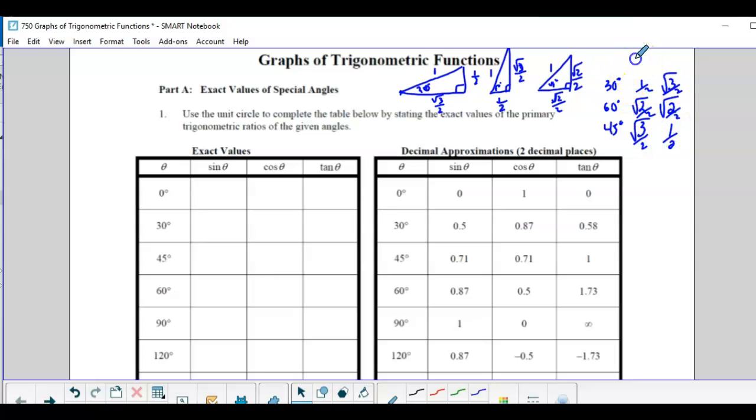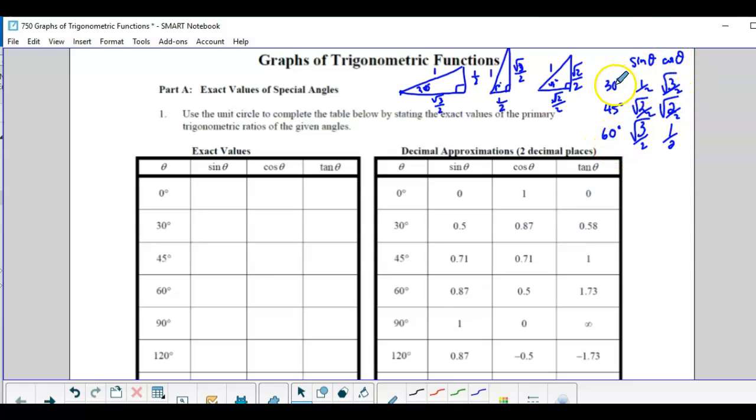So this column would be the sine values. Okay, so this is sine theta, this is cos theta. So sine of 30 degrees is 1/2. Sine of 60 degrees, oh, I switched the order there. Let's put them in proper order. 45 and then 60. So 1/2, root 2 over 2, root 3 over 2 is sine of 60.